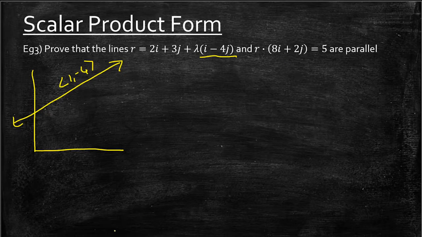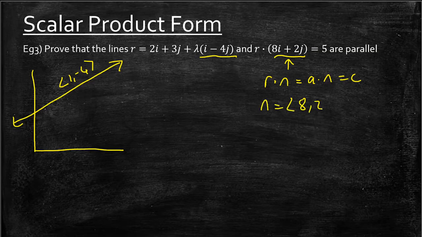In this form here, what they've actually given us is that this 8i plus 2j, this is in scalar product form. So again, that's r dot n equals a dot n, which equals c. Okay, so this 8, 2 is actually the normal vector, 8, 2. So if these two lines are parallel, we know that the dot product between the normal vector and the direction of the line should equal 0.